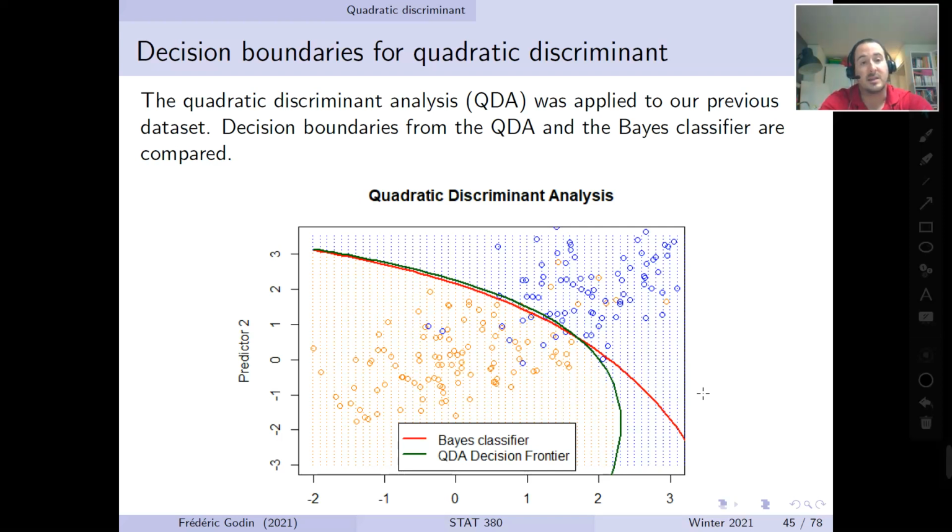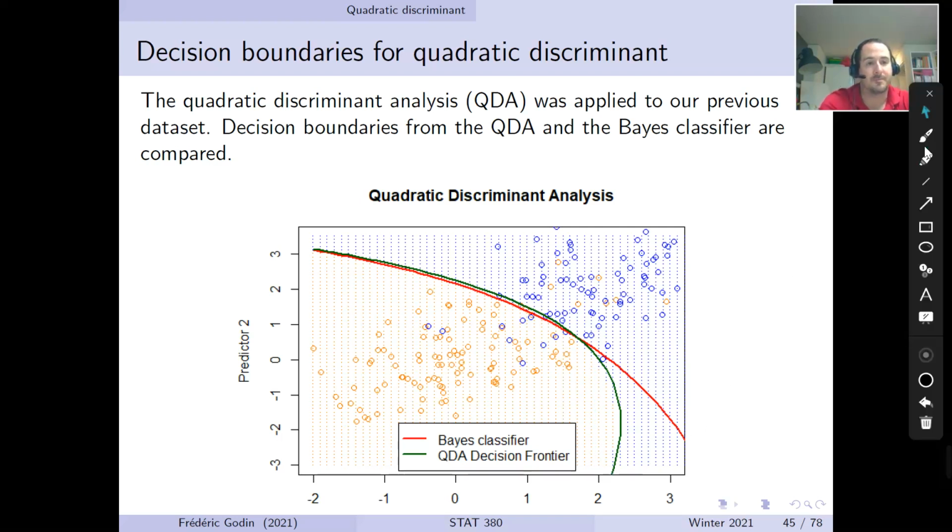So this is the assumption made by the Bayes classifier, made by the quadratic discriminant analysis, and this is exactly the way we generated data points. So if the assumptions of QDA are consistent with the way data points were generated, how come the QDA decision frontier doesn't match the optimal frontier?